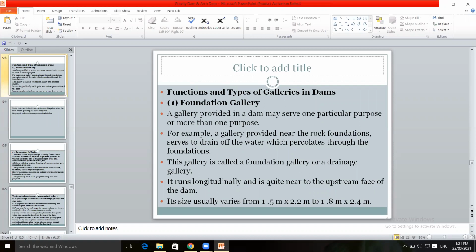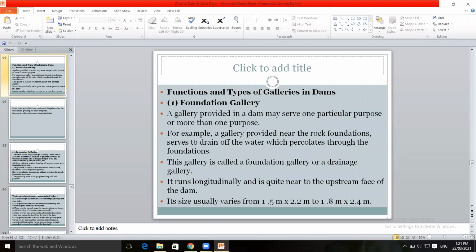For example, a gallery which is provided near the rock foundation may serve to drain off the water which percolates through the foundations. When percolation occurs at the base of the reservoir, the water will pass through the voids of the soil, so it may reach the base of the dam.